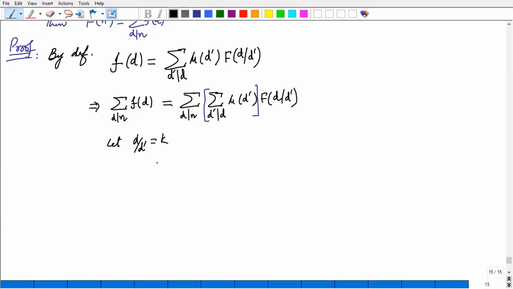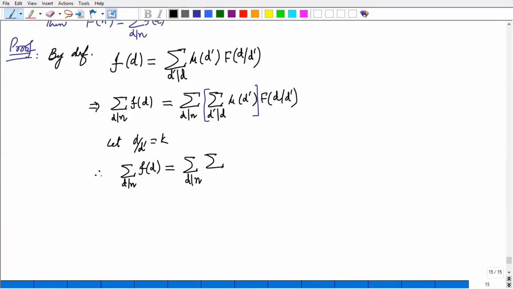Okay. Then this equation becomes the sum runs over the positive divisors of n, f(d) equals the sum, d runs over the positive divisors of n, then again a sum.